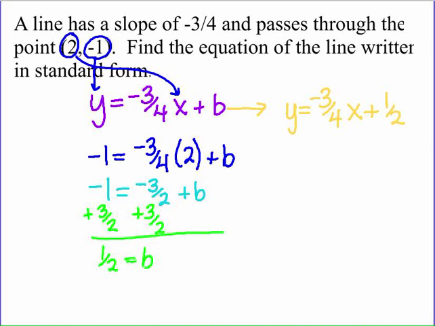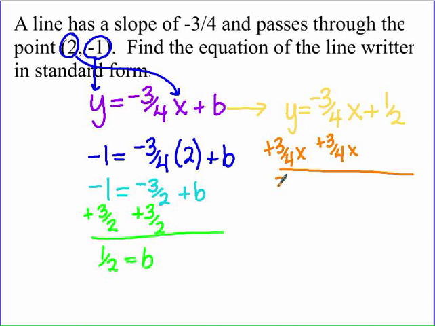But if you remember, it says in standard form. So now standard form was ax + by = c, where the a and the x and the y are on the same side. So what I need to do here is move over the 3/4 x to the left side.